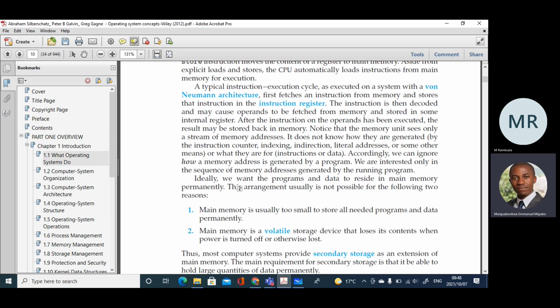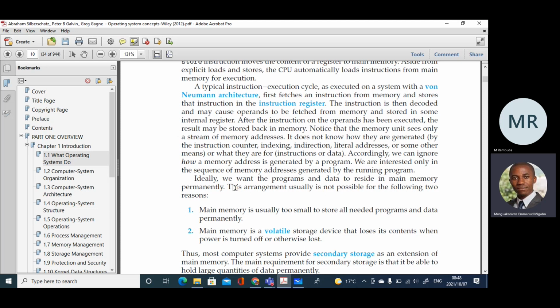We go to the next section. Ideally, we want the programs and data to reside in main memory permanently. This arrangement usually is not possible for the following reasons. Main memory is usually too small to store all needed programs and data permanently.